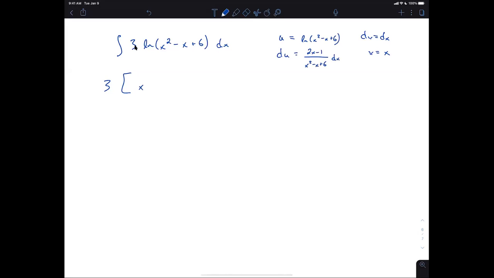So we got x log of x squared minus x plus 6 minus the integral of v du, but v du is 2x squared minus x over x squared minus x plus 6 dx. And I'm going to just carry the 3's to both of those. Does everybody follow where I'm getting that?